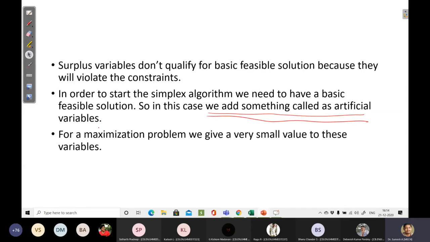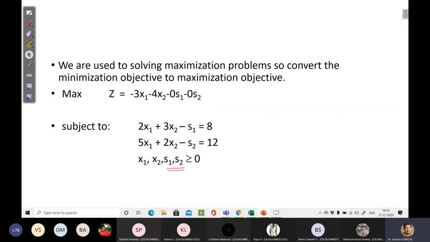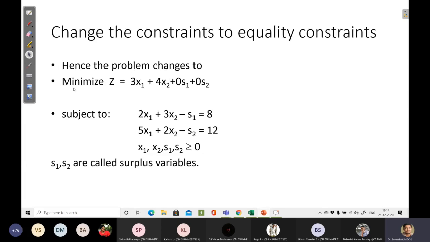Please understand that this is not because of your minimization; it is because your constraints have a greater than or equal to symbol. One more variable needs to be introduced into the problem.